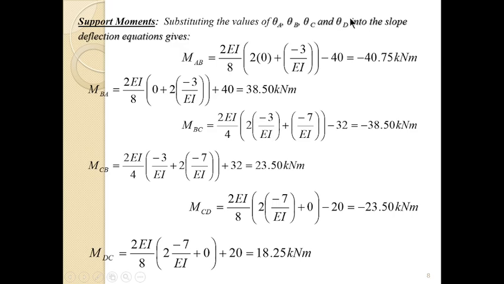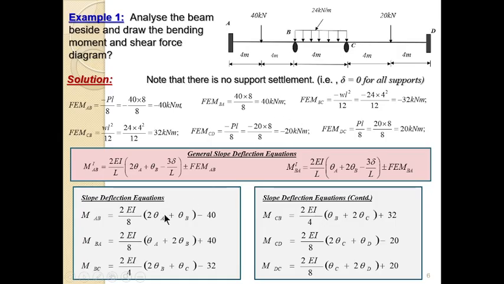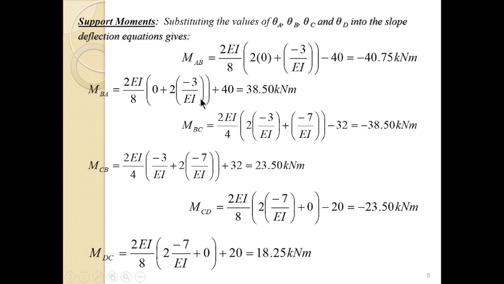So what we do is go back to the slope deflection equations and put in the values for theta A, theta B, theta C, theta D wherever we see them. Once we do that, we derive the joint moments.